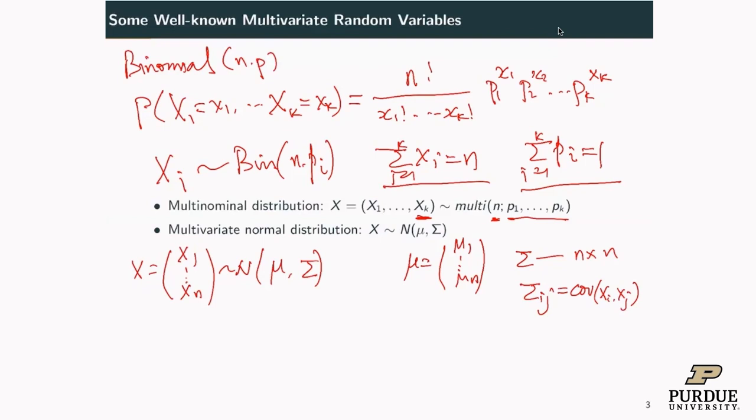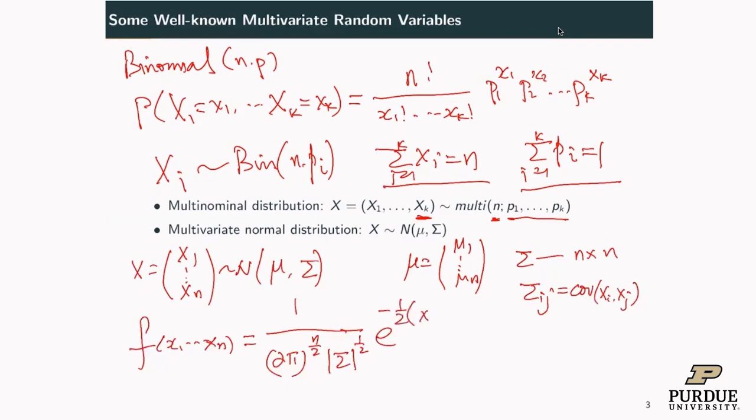The joint PDF is complicated. The joint PDF of X1 to Xn can be written as 1 over (2 pi) to the n over 2, times the square root of the matrix determinant of sigma, times e to the negative half, x minus mu, which is a vector, transpose, sigma inverse, x minus mu.